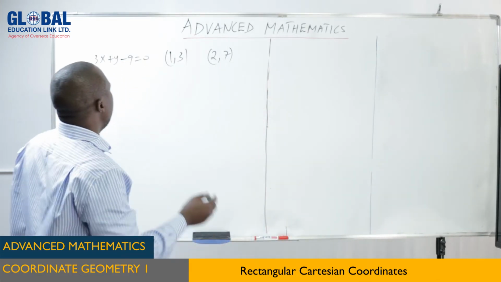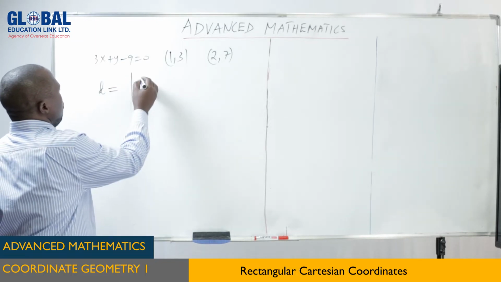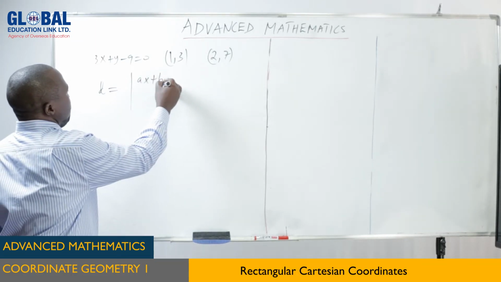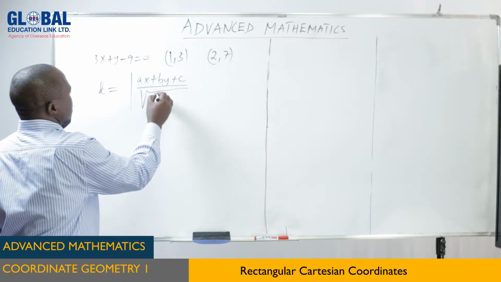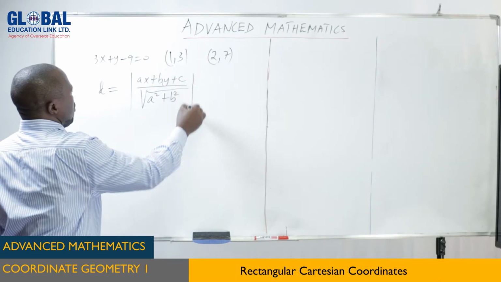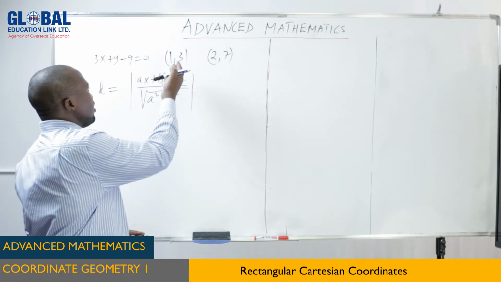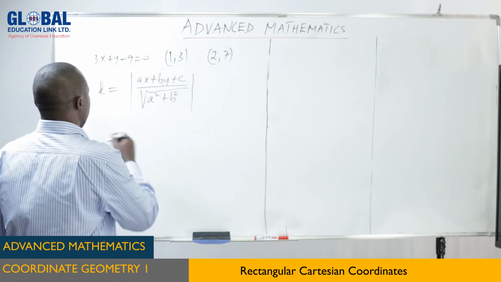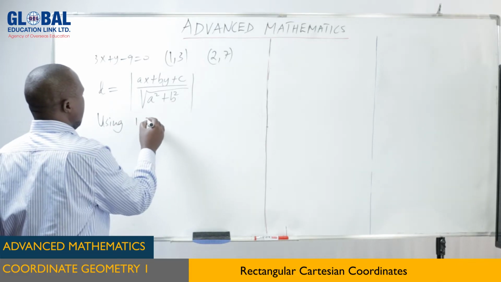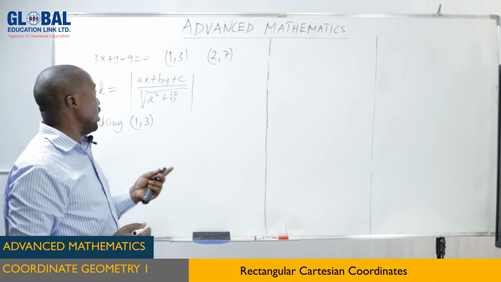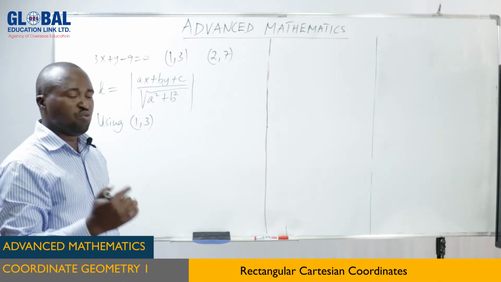So from our general formula, d is equal to the absolute of ax plus by plus c over the square root of a squared plus b squared. That is our general formula. We are going to start with the first coordinate, (1, 3), using d1 because we are going to have a second coordinate, d2.